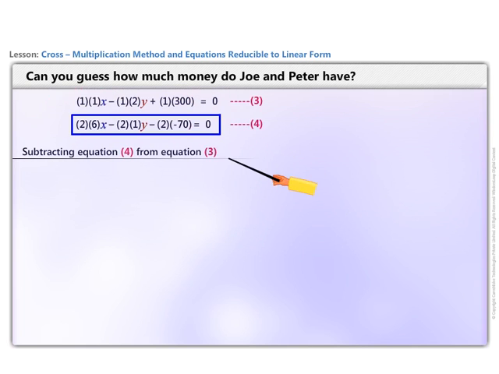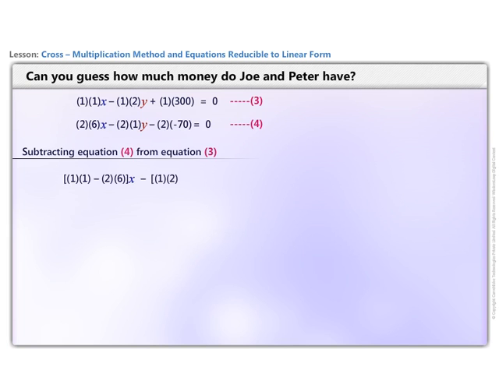Subtracting equation 4 from equation 3, we get (1 × 1 - 2 × 6)x + (1 × 2 - 2 × 1)y + (1 × 300 - 2 × 70) = 0.